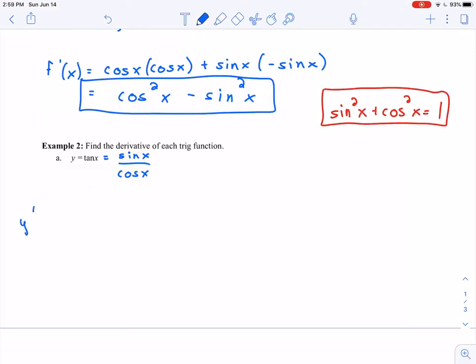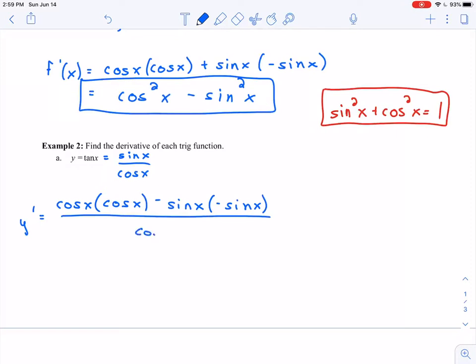So y prime, my quotient rule, says low, so that's going to be cosine of x, d high, derivative of sine of x, that is also cosine of x, minus high, that's sine of x, d low, derivative of cosine of x, that is negative sine of x, divided by cosine of x squared.